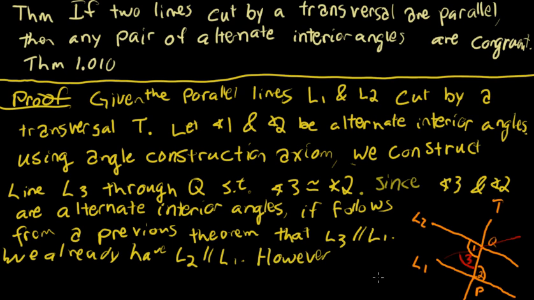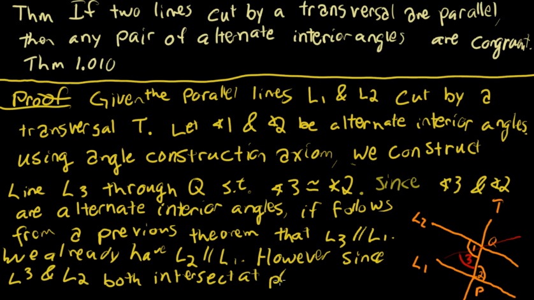However, since L sub 3 and L sub 2 both intersect at point Q, it follows from the Euclidean parallel axiom that L sub 3 equals L sub 2.